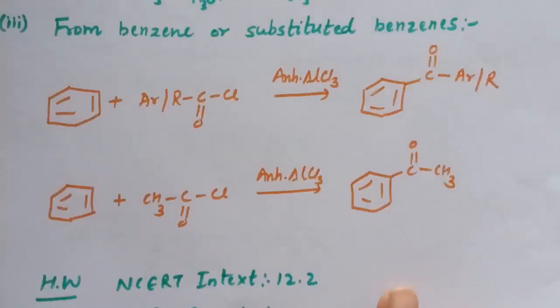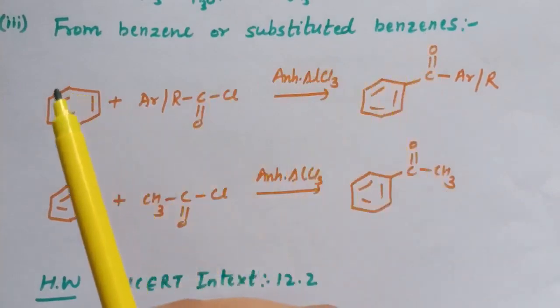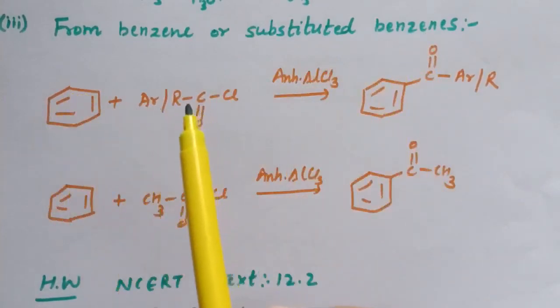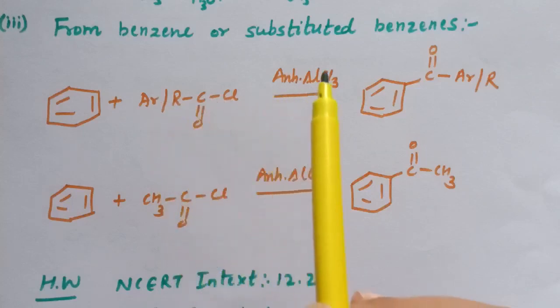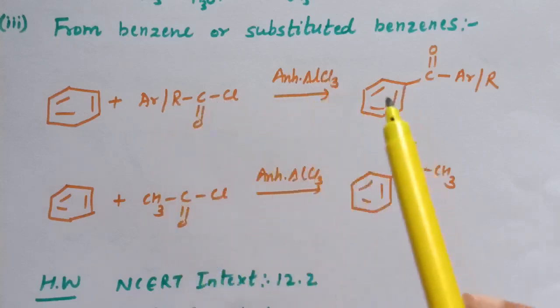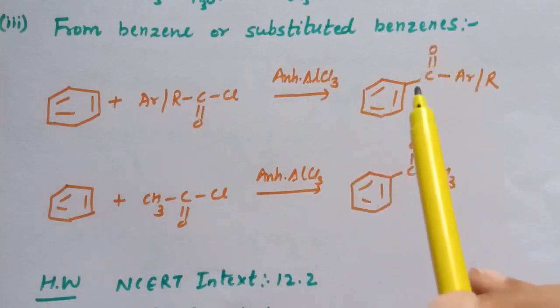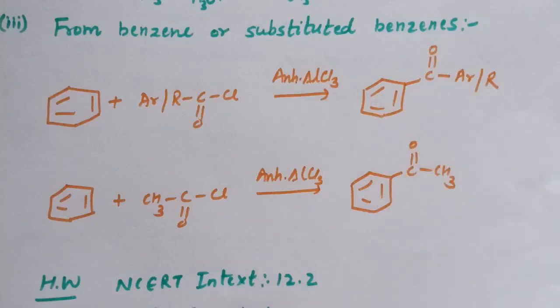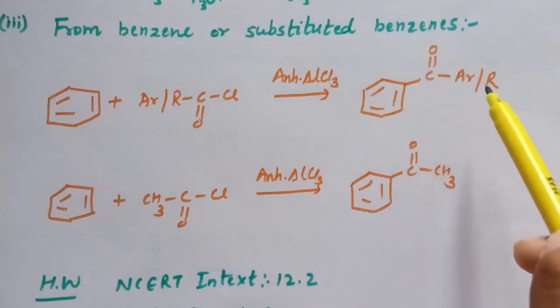Now third is from benzene or substituted benzene. Benzene on treatment with acyl chloride in the presence of anhydrous AlCl3. Here this group is substituted on the benzene ring, that is C=O with an aryl or alkyl group.